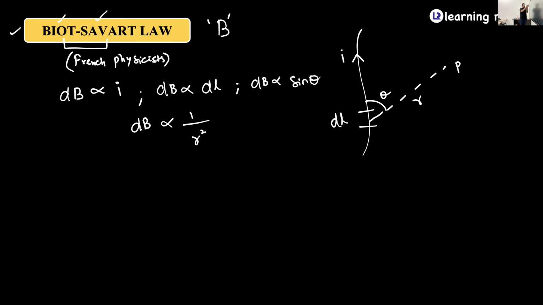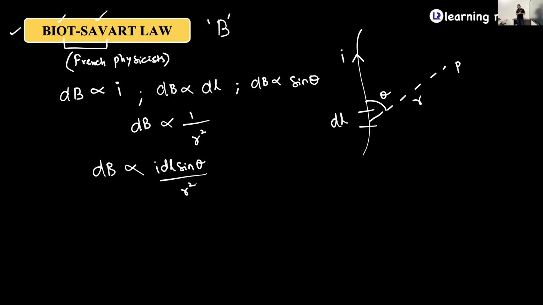So these are the 4 proportionality terms on which magnetic field is dependent. So when I combine everything and write it, I'll get dB is directly proportional to I dl sine theta the whole divided by R square. Right?